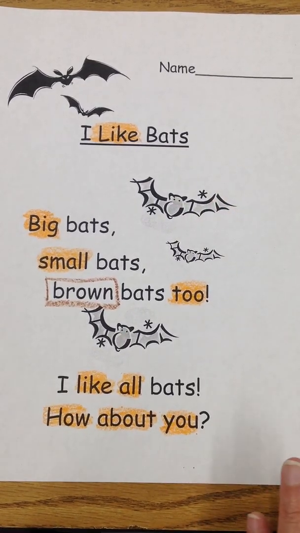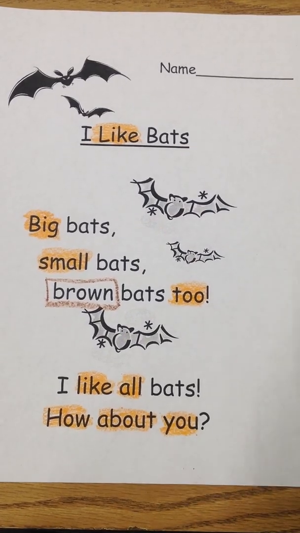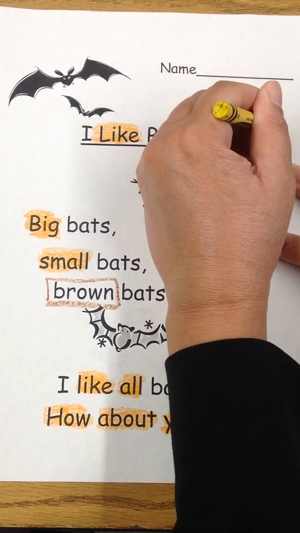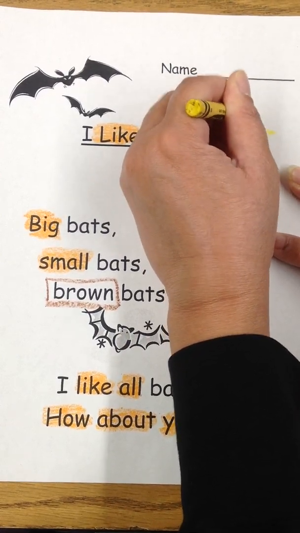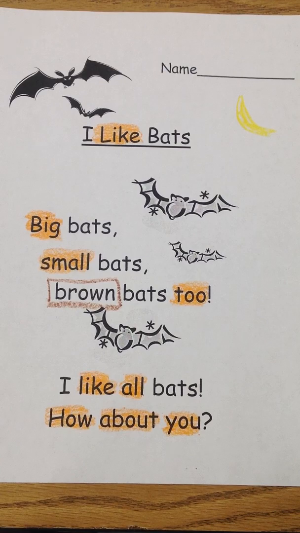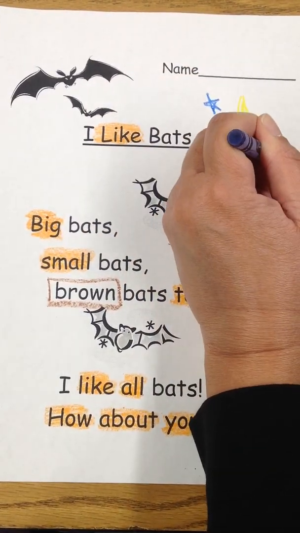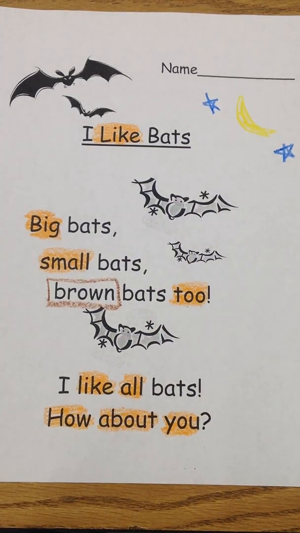So you can draw a moon. Just bats are out at night, so if you want to put a little moon up in the corner, you can put a little moon. And you want to put some stars, make it look more like night. Okay, you color your bats.